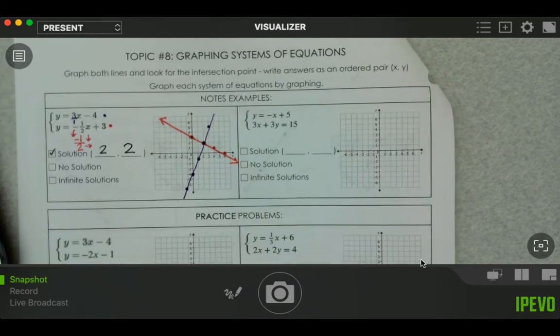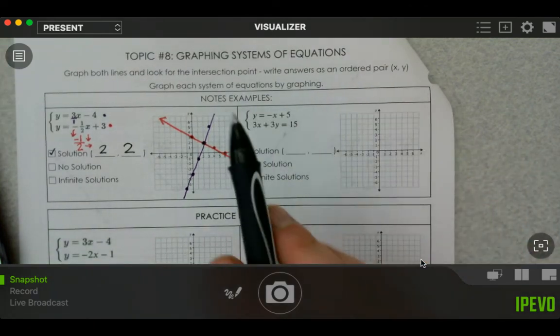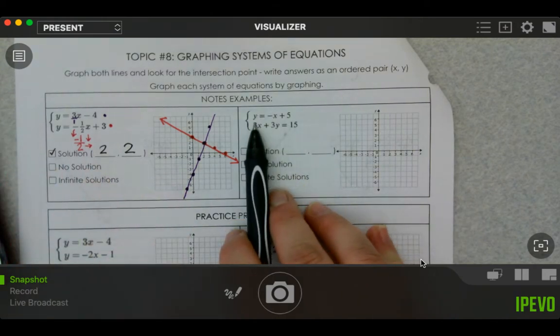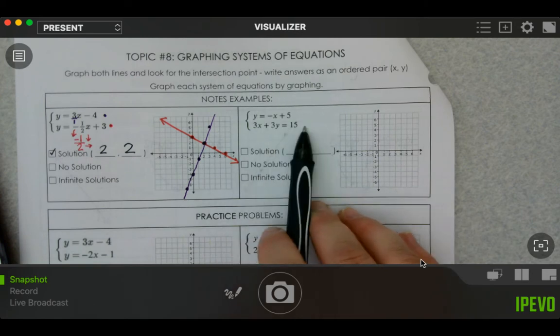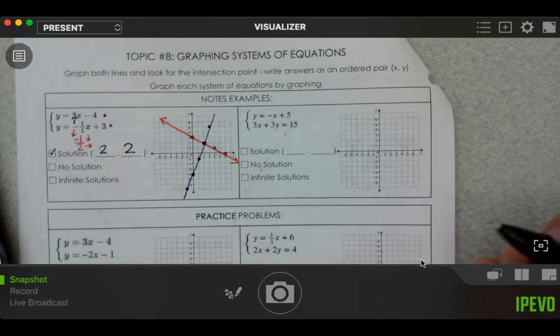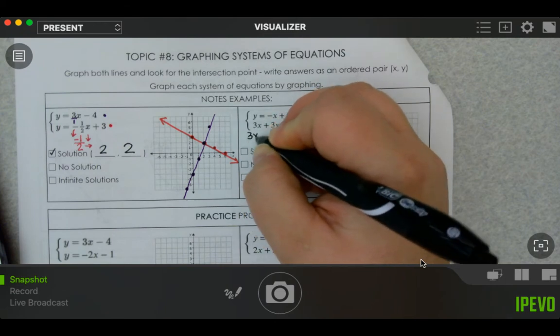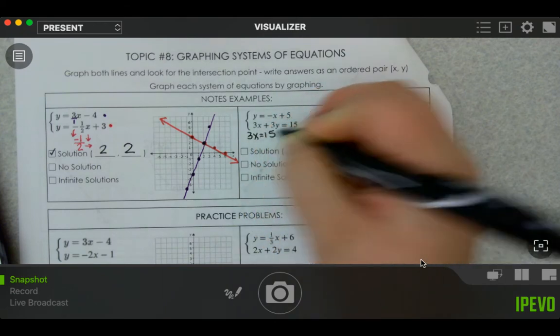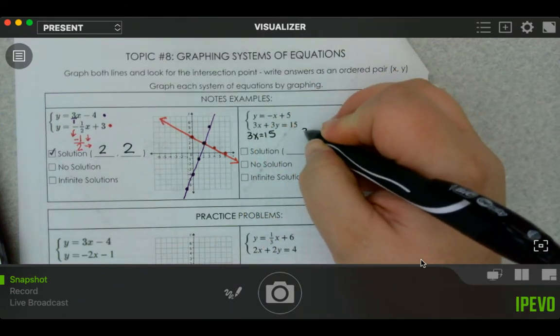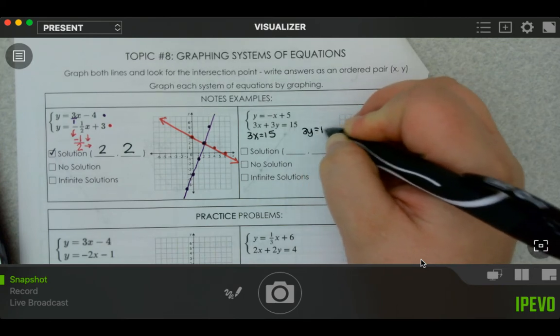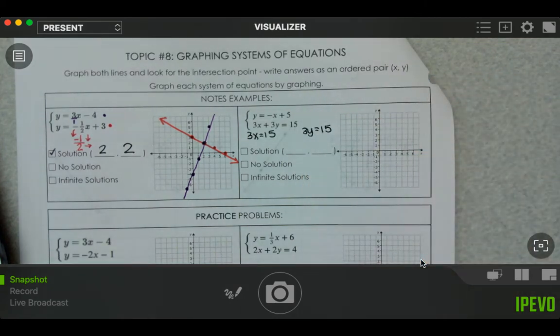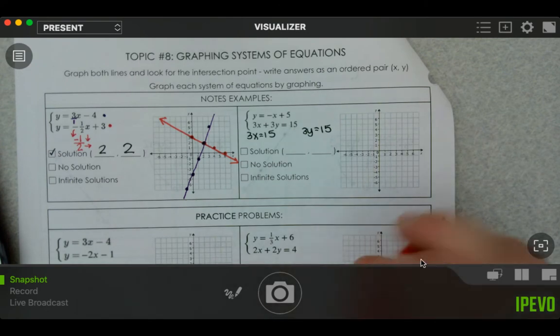All right, let's take a look at the one over here. So you'll notice this time that this one is y equals, but this one is not. What that means is when we go to graph this bottom equation, we're going to do what we just did in topic 7 and just focus on the x parts, then just focus on the y parts. And what we're going to do on both of those is divide by 3.